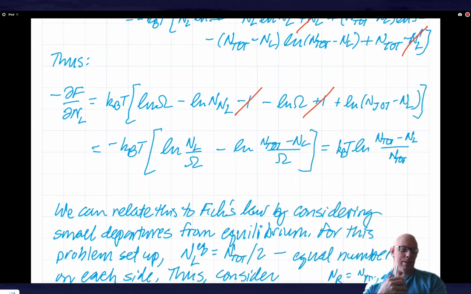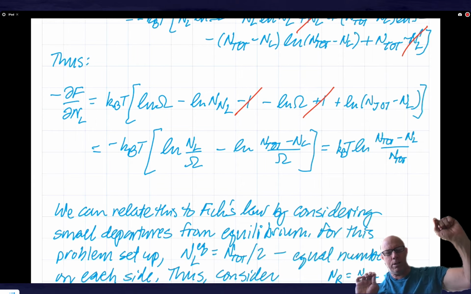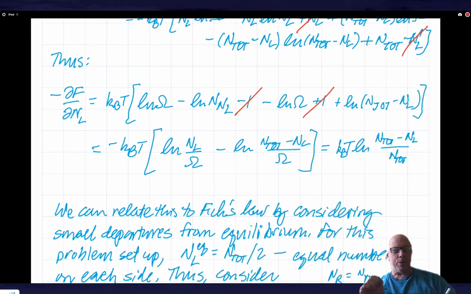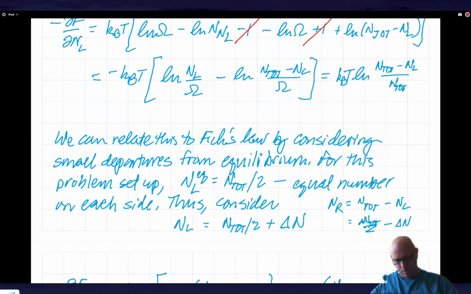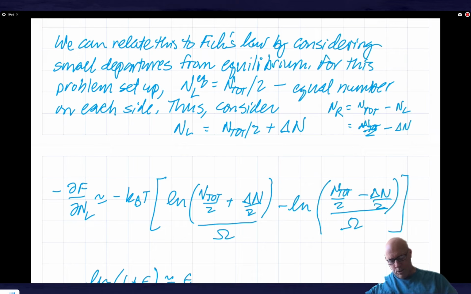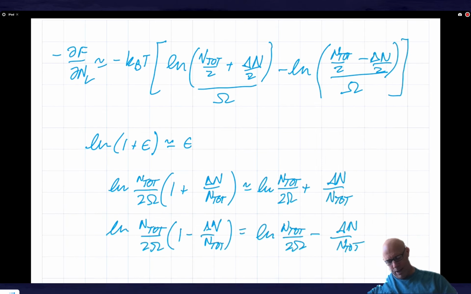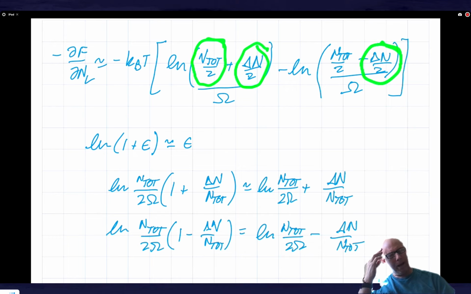It saturates. In other words, as you get closer and closer to 0 and 1, the driving force basically gets bigger and bigger and bigger. It's no longer linear in the departure because there's a hard cutoff. You're not allowed to go past 1 and you're not allowed to go past 0. I guess that's one way to think about it. So what we could do is introduce the idea that the number of particles on each side is N_tot over 2, and then on the left it's plus delta N over 2, and on the right it's minus delta N over 2.